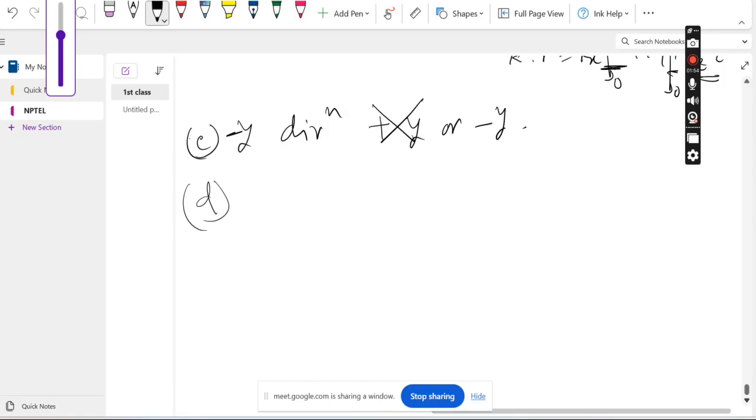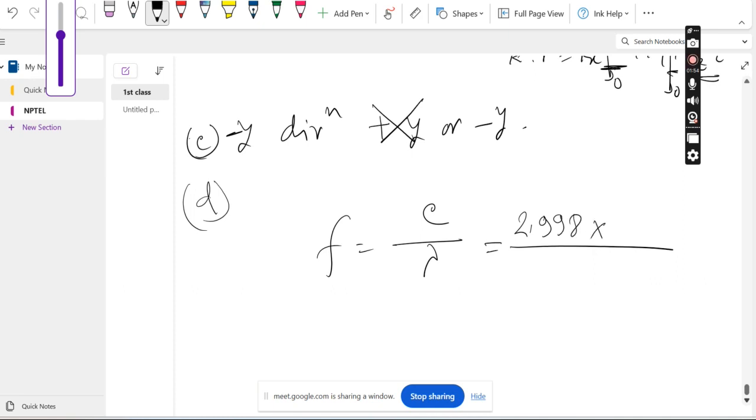So d is if the speed of the wave is 3 into 10 to the power 8 meter per second, find its frequency. So frequency would be c by lambda, or here I have written c, but it is actually v because I thought of it like the speed of light. So put this thing in and it is lambda, giving per second. So this is it.